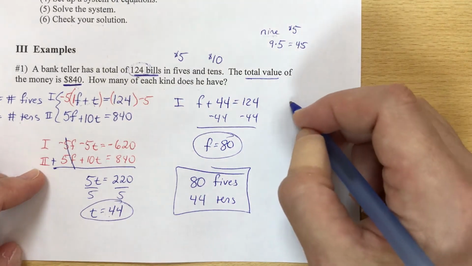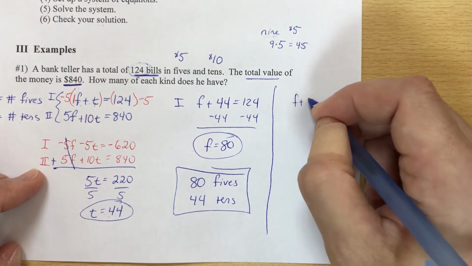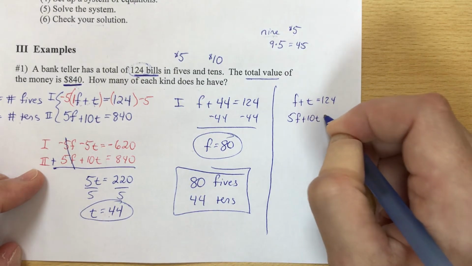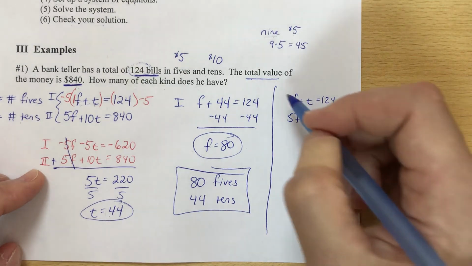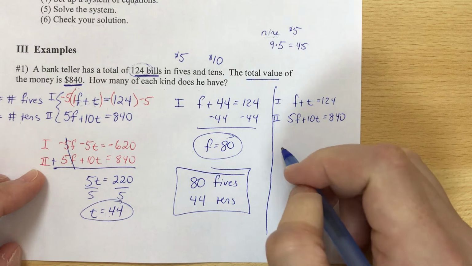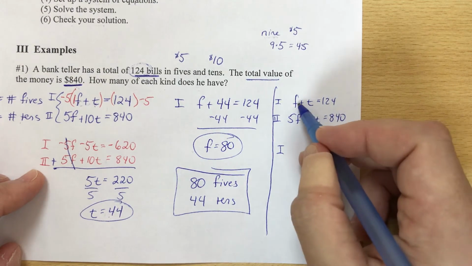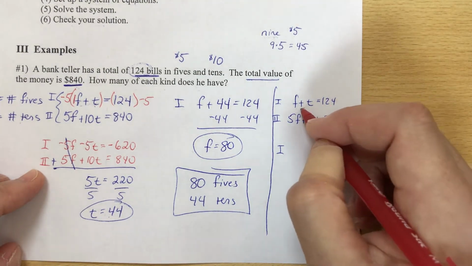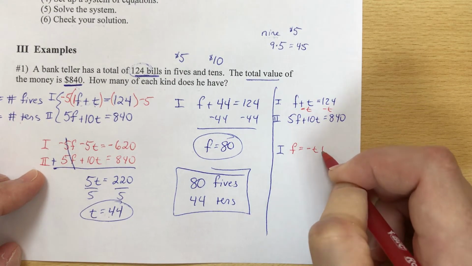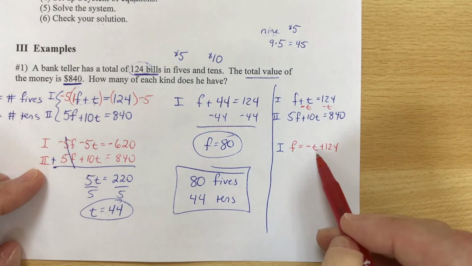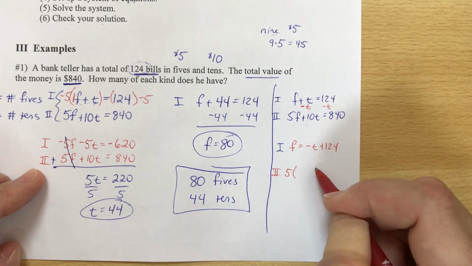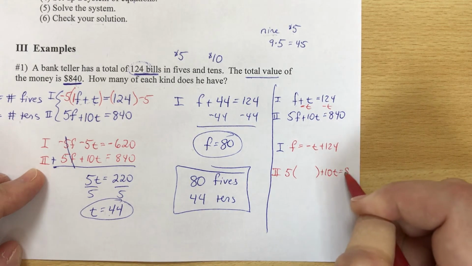I'm going to go back to the original system. If you say, well, wait a minute, could I have done substitution? Yes. Let's say we had taken the top equation here and solved it for F. So what if I had gone minus T on both sides? I would have gotten F equals negative T plus 124, which I could then substitute into equation 2. 5F plus 10T is 840.